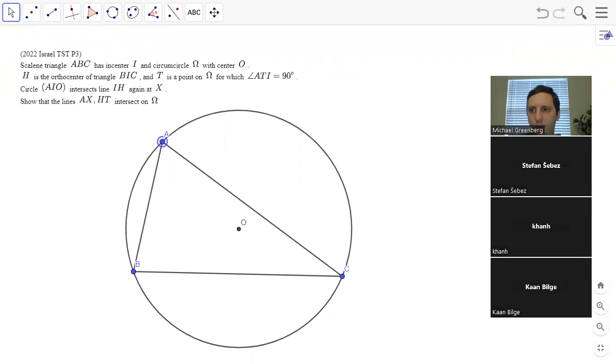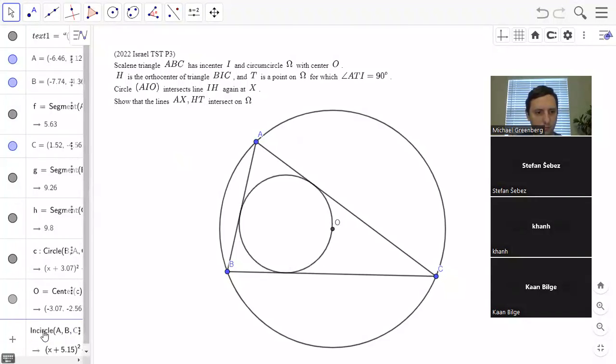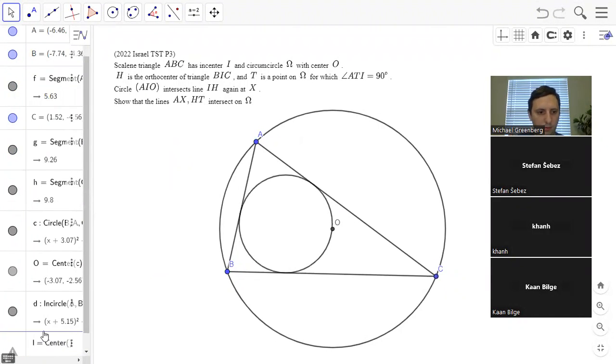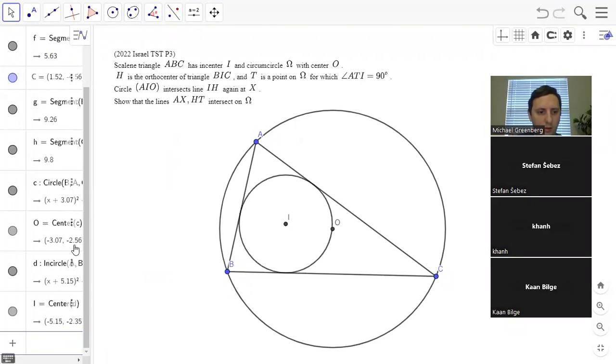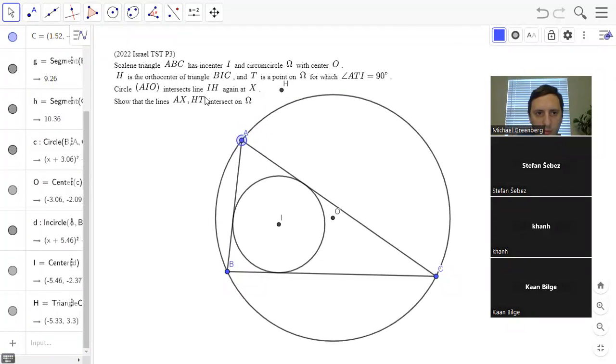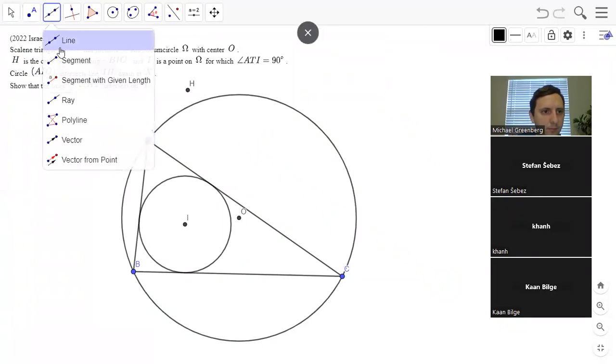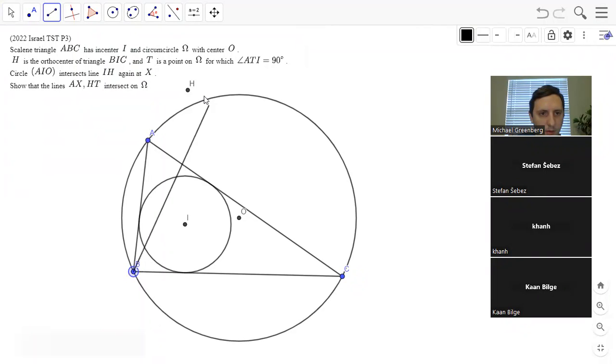I feel like I've seen this a lot of times before. So that's H. And then T is a point.